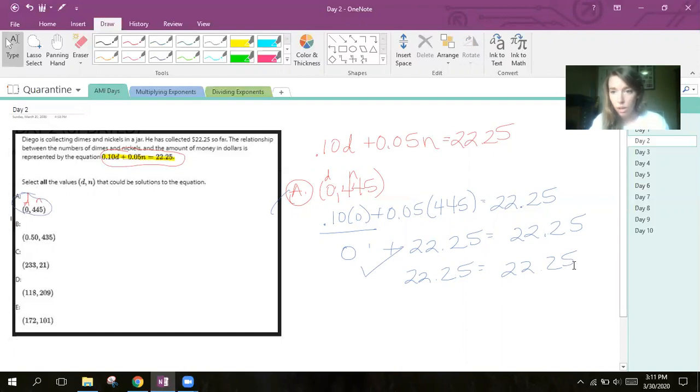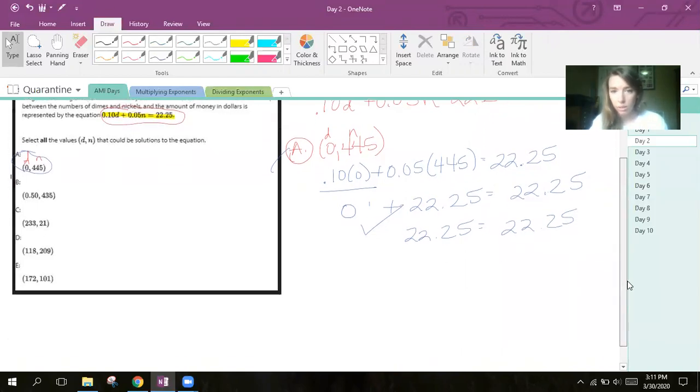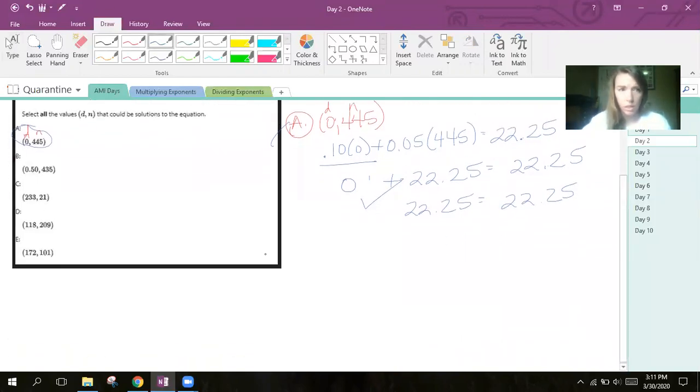Okay, so let me scroll down to get a little bit more room. And now we're looking at B. So for B, we have 0.50 for our dimes, and we have 435 for our nickels.